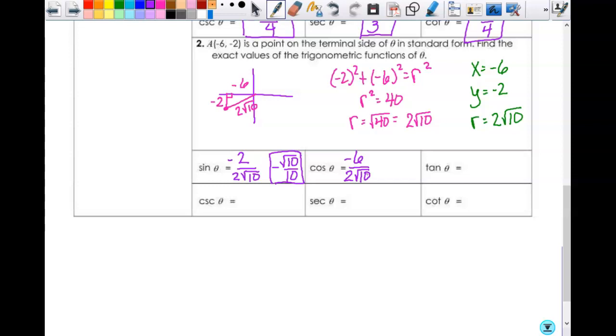So that'll reduce to negative 3 over the square root of 10, which means that's negative 3 square root of 10 over 10, and just make sure that you're not losing your negative signs when they're there. Tangent, y over x, so that's negative 2 over negative 6, which is 1/3.